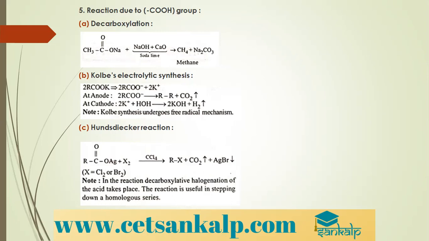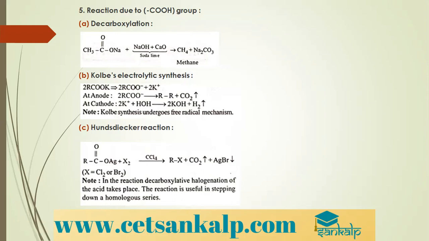Carbon dioxide is evolved in the form of sodium carbonate, and what we get is methane. So you will get the alkane with one carbon atom less than the salt of carboxylic acid. If you are using sodium propanoate, you will get ethane. If you are using sodium ethanoate, then you will get methane. Understood? Okay.